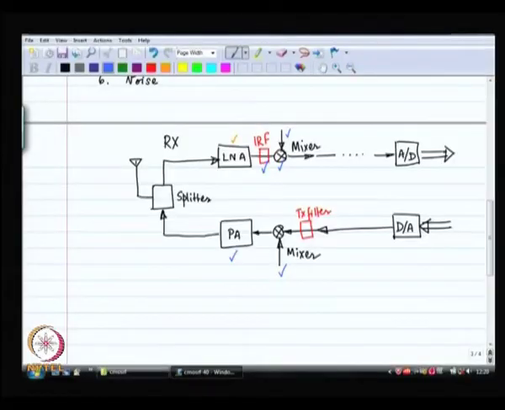And then finally, we did the power amplifier. As far as the power amplifier is concerned, we discussed class A, B, C, D, class A, B amplifiers, and your pulse width modulation type amplifiers.